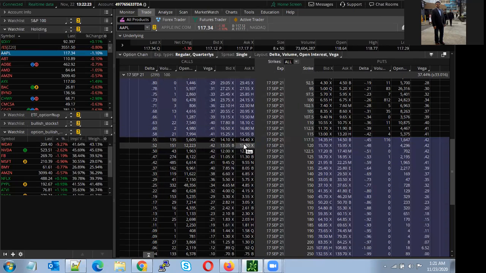Some stocks will have very bad volumes, and when you are buying, you are paying way higher price than when selling, where you are getting way lower price. And every cent is multiplied by 100. So if you are getting $1 less, you are getting $100 less. Okay. So that's why volume is very important.